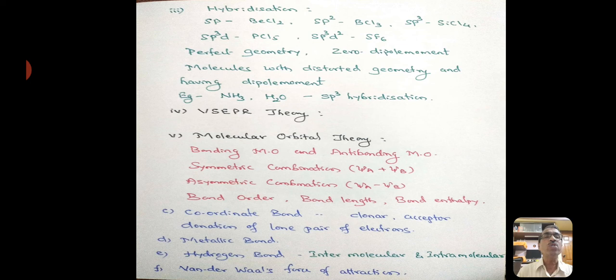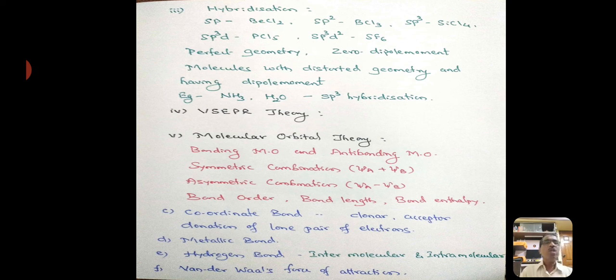Between hydrogen and the NOF atom you have one covalent bond and another weak force of attraction, and that weak force of attraction is shown by a dotted line called the hydrogen bond. Water is an example of a molecule containing hydrogen bond. Because of the hydrogen bond, water is liquid in nature, which is essential for living organisms.